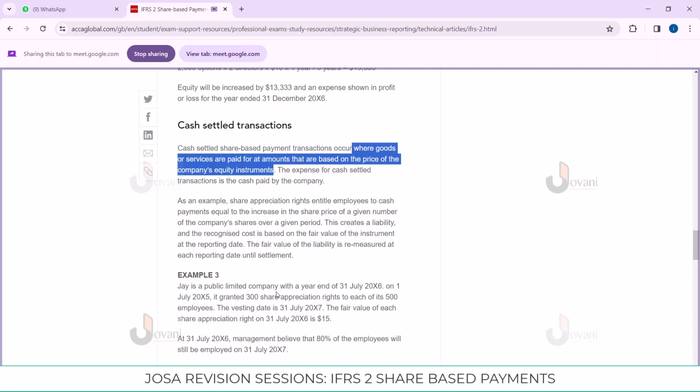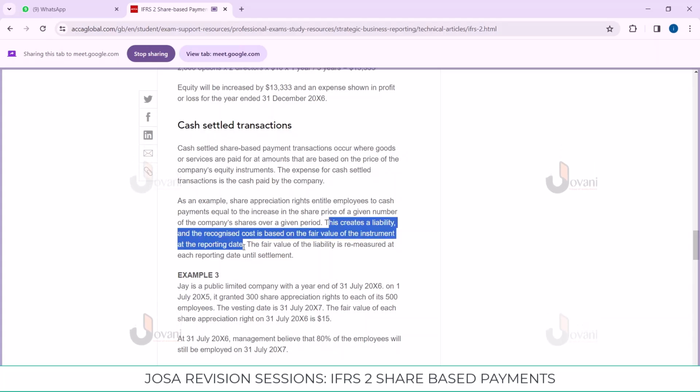This creates a liability, and the recognized cost is based on the fair value of the equity instrument at the reporting date. Now, if you remember, we said that the cost or the transaction value under equity settled is based on the fair value at grant date.